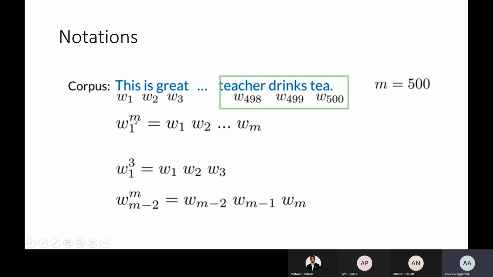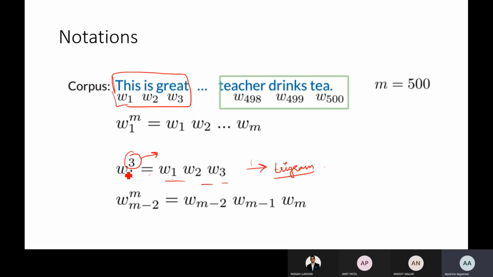This is basically a trigram, and in a trigram we have three words: first, second, and third. The subscripts show up till which value we are taking.